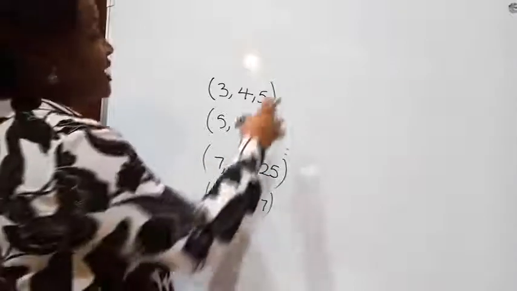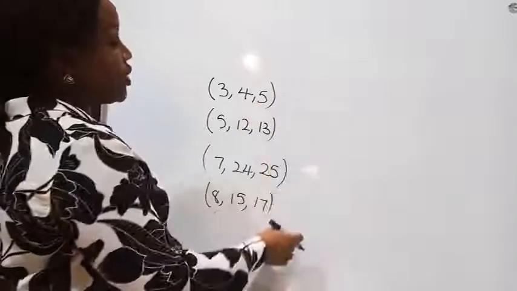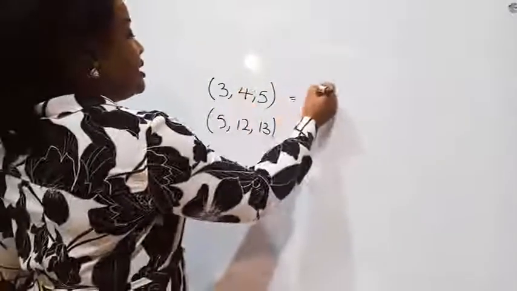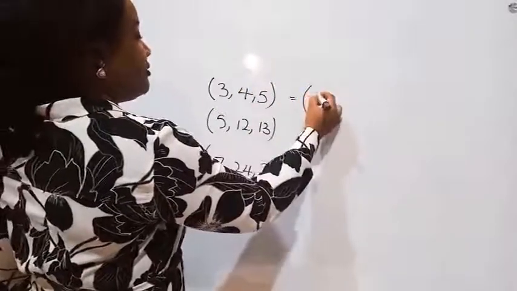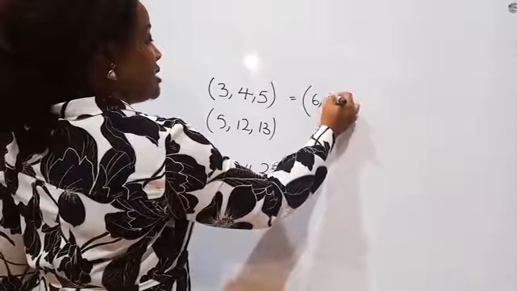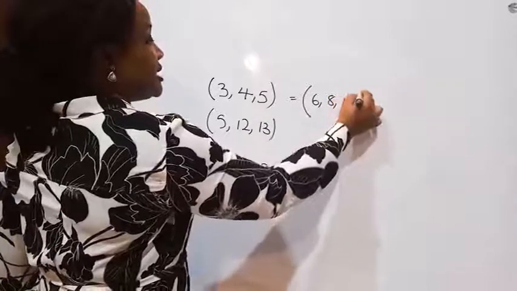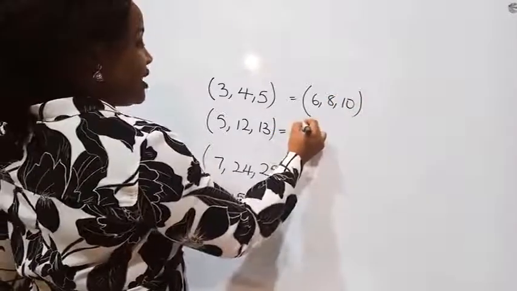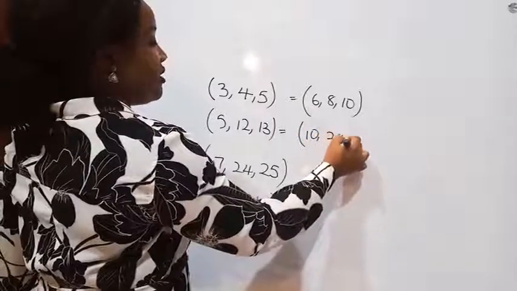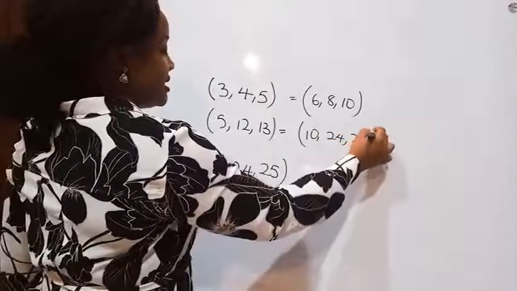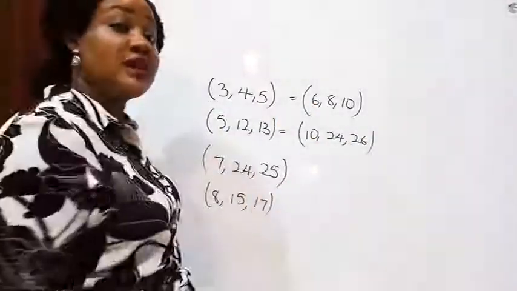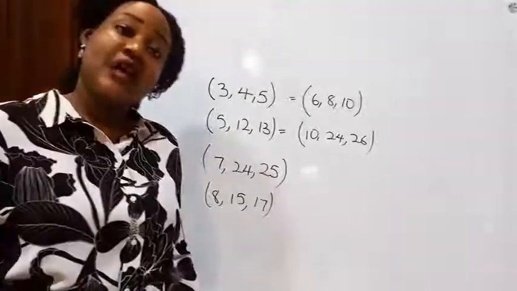Then you find out that their multiples are also Pythagoras triples. Like this one, you can have maybe by 2, you have 6, 8, 10 is a Pythagoras triple. This one you can have, let's say 10, 24, 26, and so on. They're Pythagoras triples. So their multiples are also Pythagoras triples.